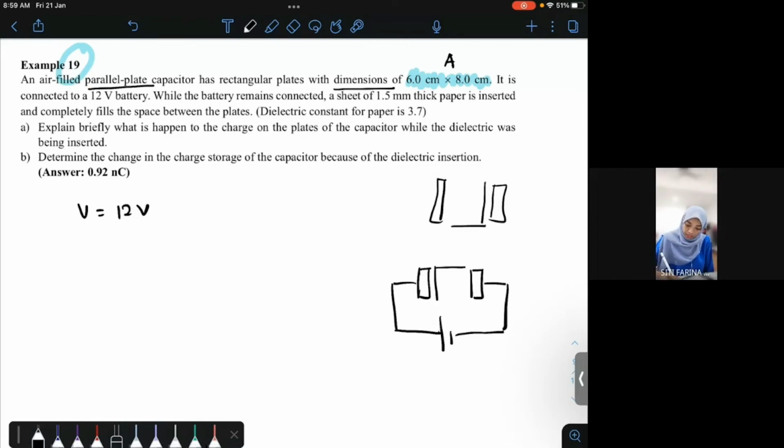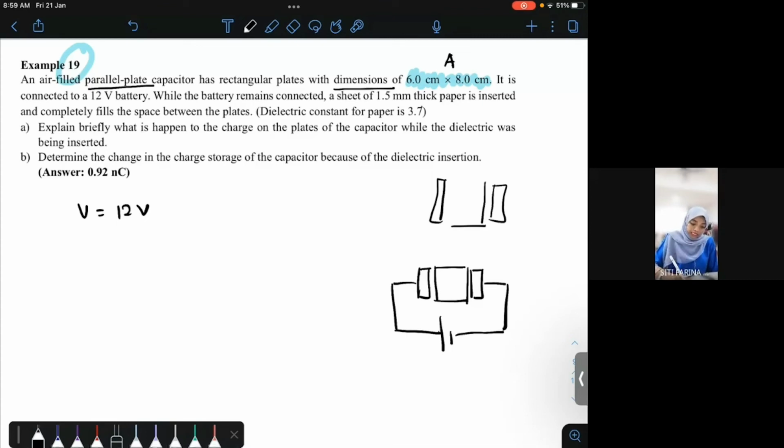The dielectric has a thickness of 1.5 mm. Thickness means we are talking about this gap here. It is inserted and completely fills the space between the plates.